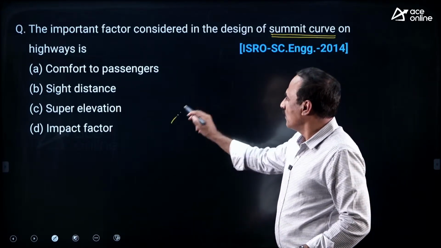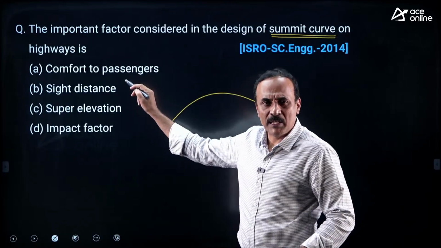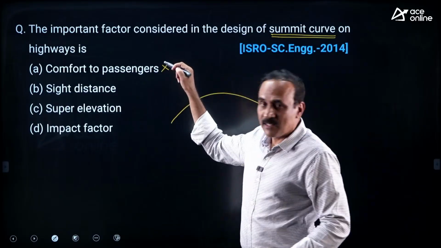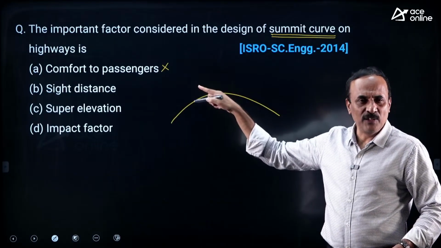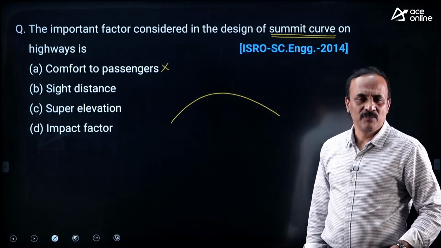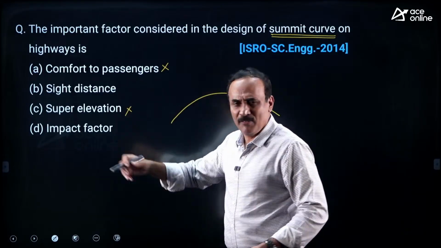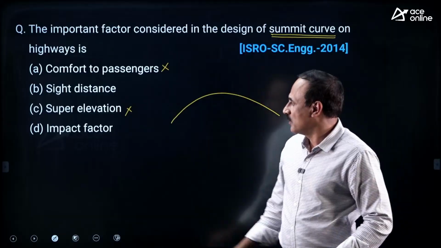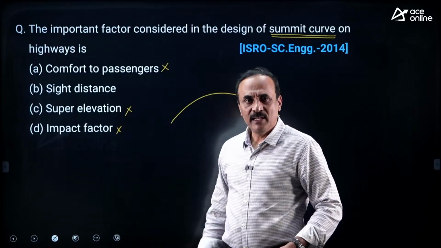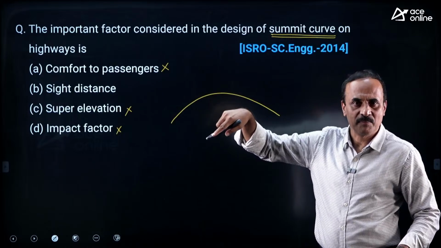On the summit curve, passengers' comfort is not a problem. Passengers' discomfort they will feel on the sag curve. Coming to super elevation, we generally provide it on the horizontal curve, not on the summit curve. Impact factor is again important where centrifugal force comes into the picture.